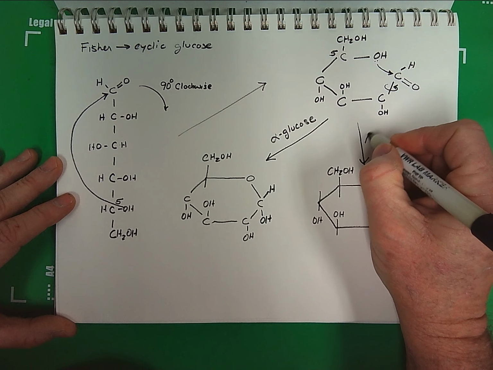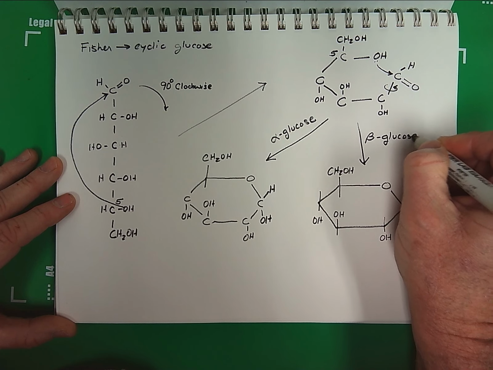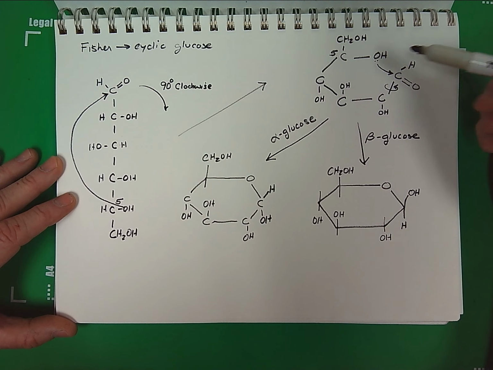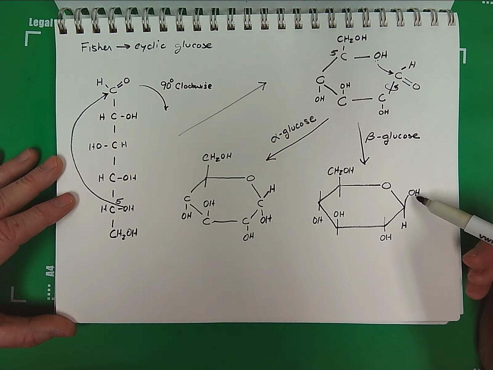This is the configuration of beta glucose. So if the hydroxyl group attacks the carbonyl of the aldehyde with this bond rotated with the oxygen facing up, the resulting product will have the hydroxyl group facing up, giving our beta glucose structure.